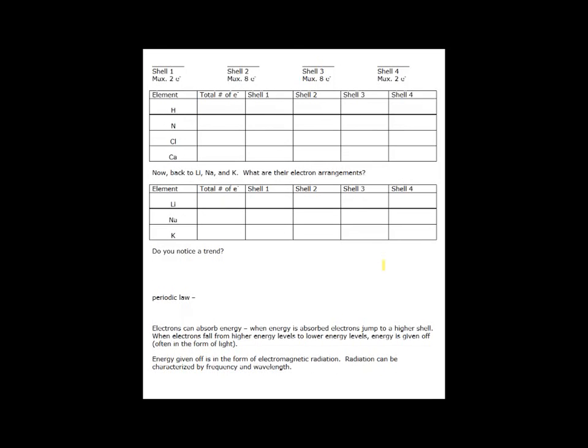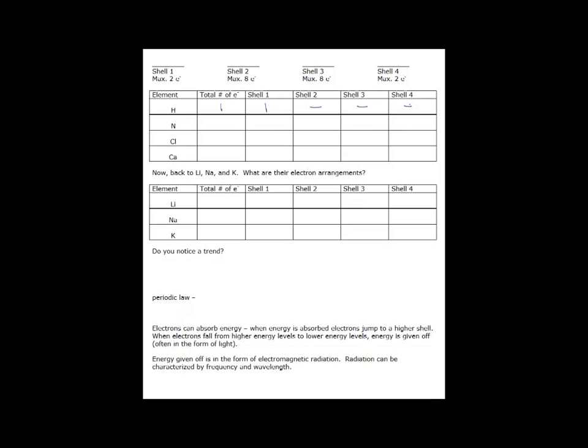So, I have hydrogen. The total number of electrons in hydrogen is 1. So that means you're going to park 1 electron. You're going to park it in the lowest level first. So that's going to go in shell 1. None in shell 2, none in shell 3, none in shell 4.